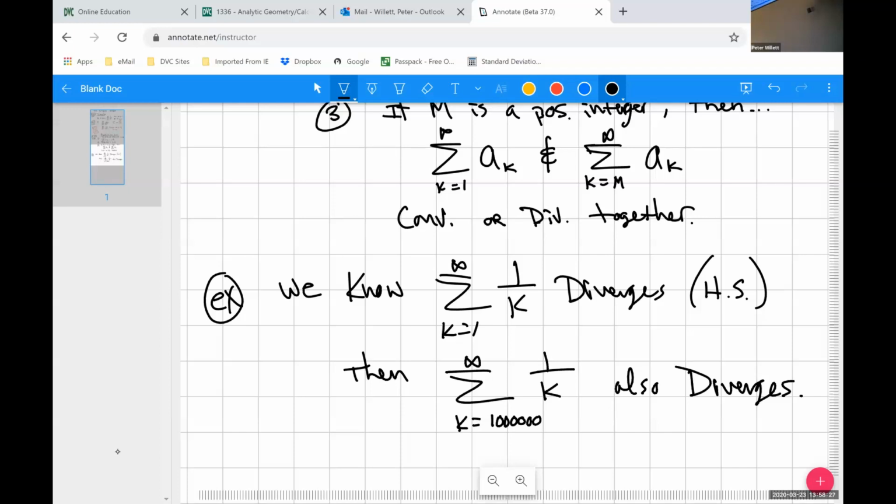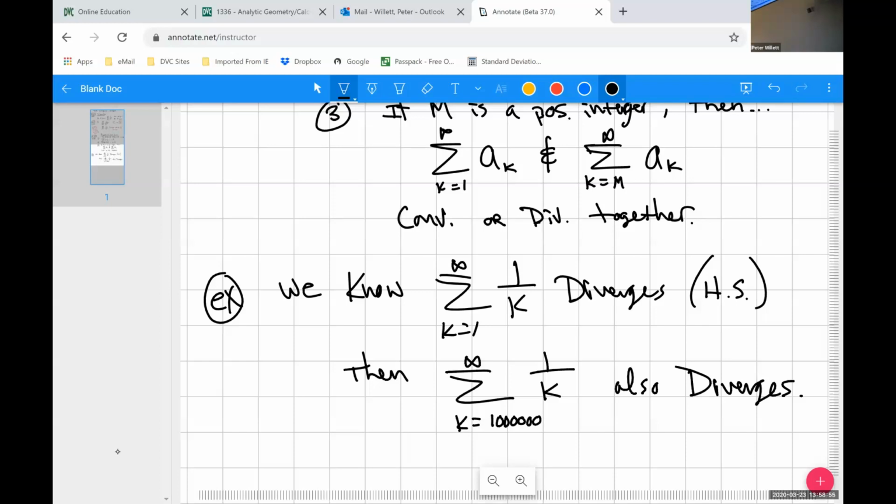If the end heads off to infinity, then that's going to happen whether I add some number in the beginning or even subtract some number if I had some negative number in the front. So a finite number of terms in a series has no impact on its divergence or its convergence. Only what it does in the tail as you head off toward infinity, only what that pattern does.